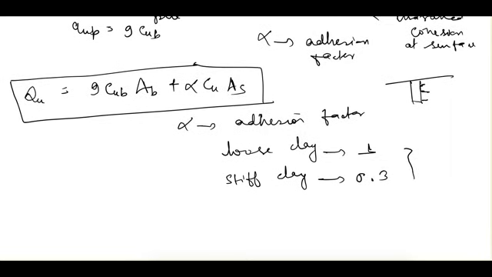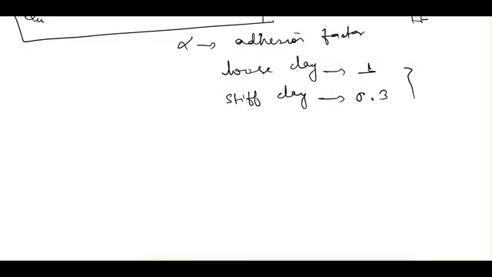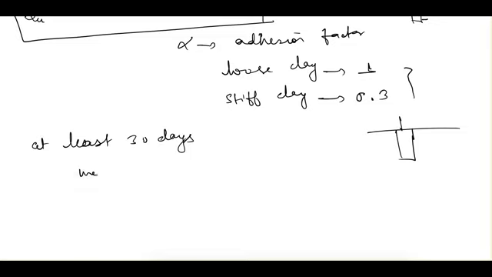And because undrained conditions are developed after we put this pile in the ground, at least 30 days should be elapsed, or at least after 30 days we should load this pile.